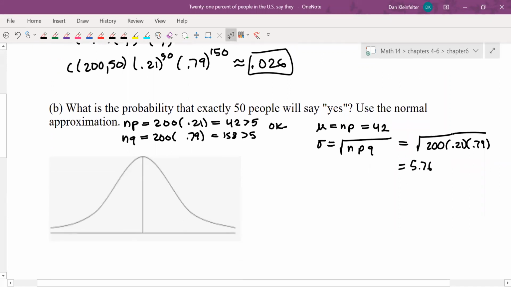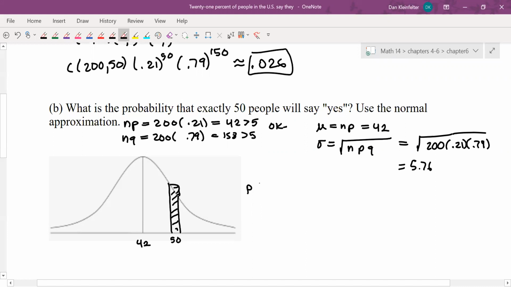Okay, so now our mean was 42, and we wanted the probability of getting exactly 50. Again, remember that we're going to be using the normal distribution to approximate a binomial distribution. So we can't get the exactly 50 outcome, because the probability on a normal distribution of getting exactly 50 would be 0. So we need to think about what numbers would round to 50.